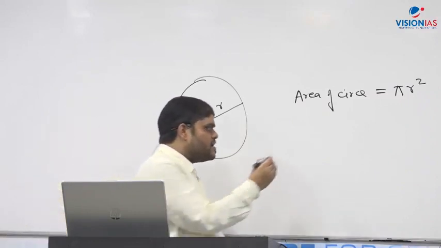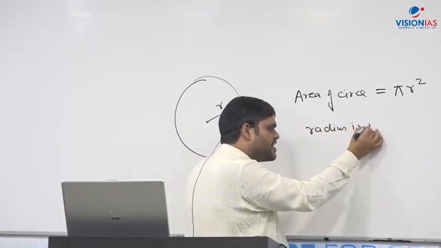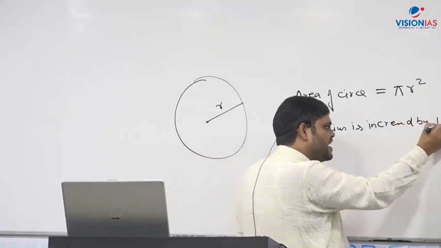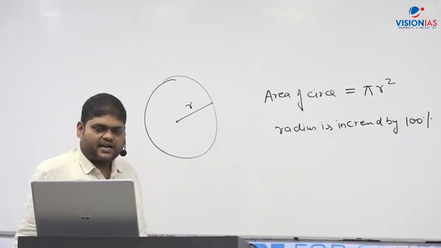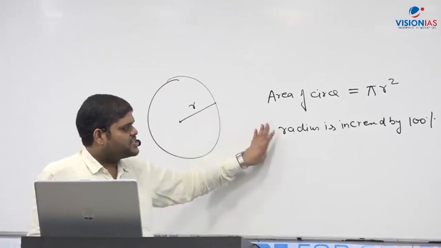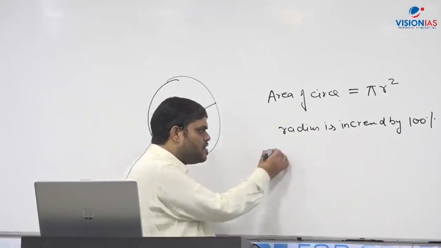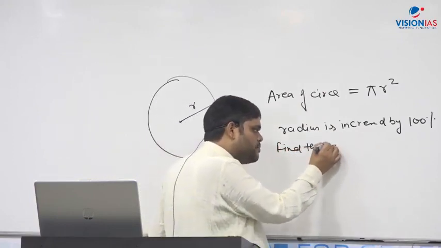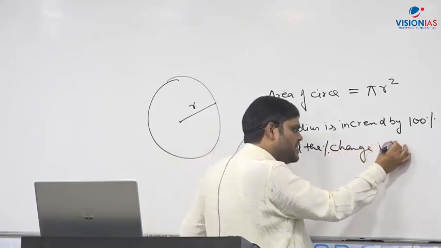Suppose the radius is increased by 100%. If the radius of a circle is increased by 100%, find the percent of change in area.